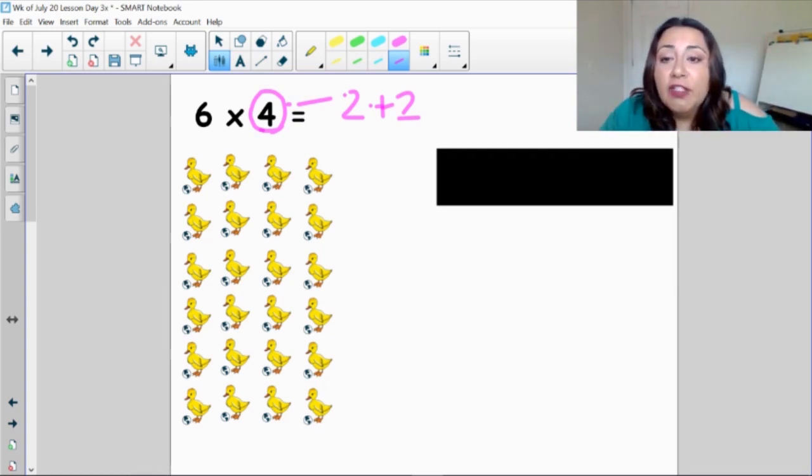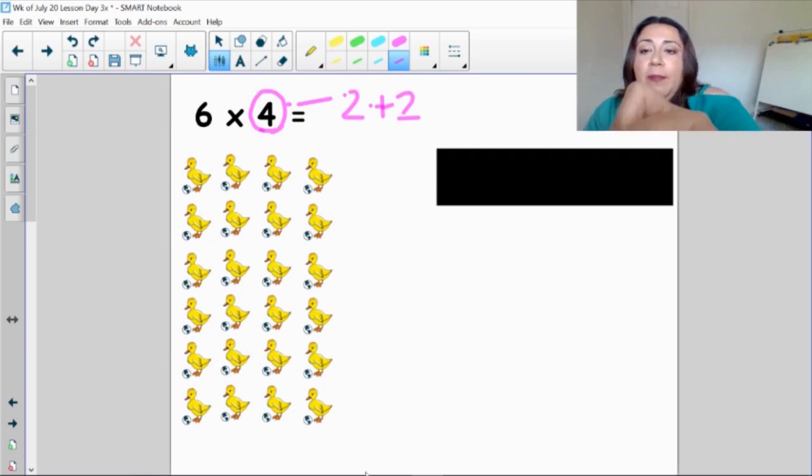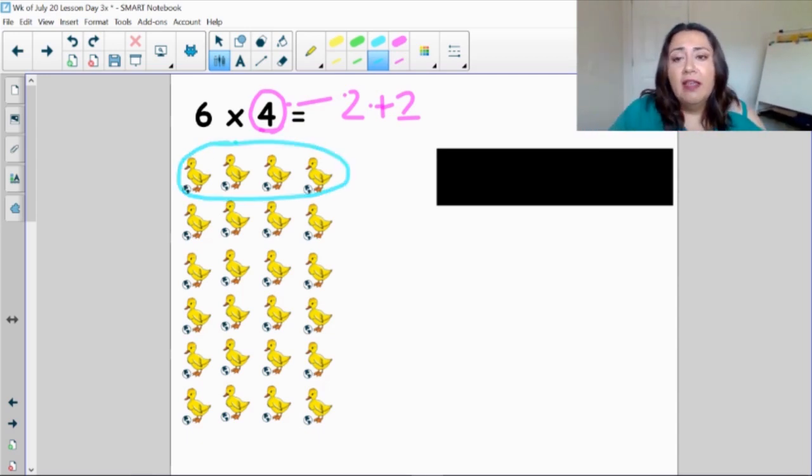Entonces, estos patitos que tengo aquí, hay 6 grupos. 1, 2, 3, 4, 5, 6. 6 grupos de patitos y cada grupo tiene 4 patitos, ¿verdad? Pero ya dije que eso es muy difícil. Entonces, fíjense lo que voy a hacer.